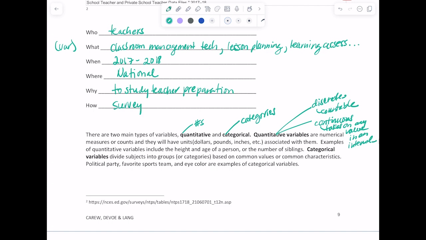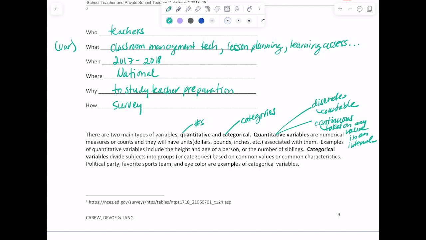For example, I give you a pack of Skittles and I ask you how many red Skittles there are. That's discrete, it's countable. But continuous would be the amount of sugar in that pack of Skittles. You can't count the amount of sugar, so we would call that a continuous quantitative variable.